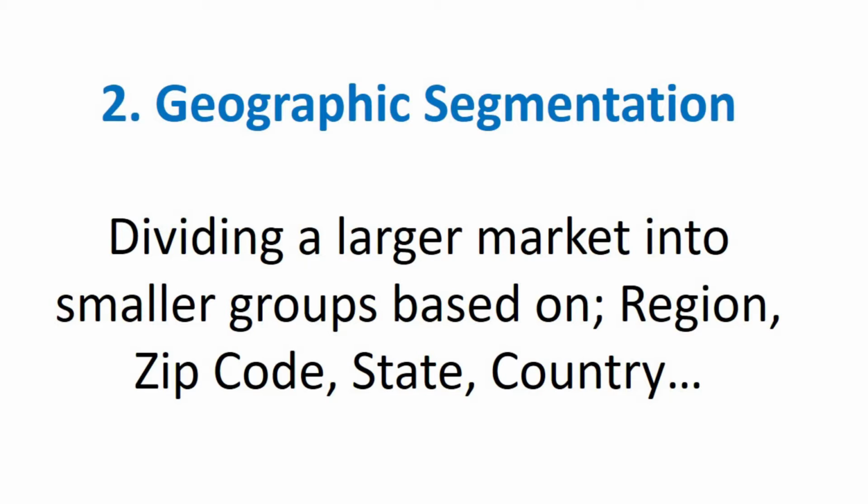Let's say, for example, a restaurant that doesn't have the resources to market out of state. It makes sense to focus on the local community as the business grows. So segmentation for the restaurant industry would be highly effective. And then as they continue to grow, they can branch out and market to a wider audience.